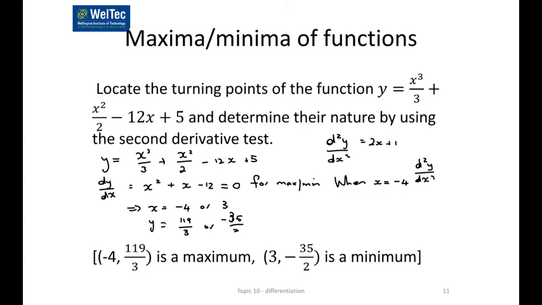If we put in -4, the second derivative is going to be negative. So that means there's a maximum when x is -4. And when x is 3, we put x equals 3 into the second derivative, and we see that it's going to be positive. So there is a minimum when x equals 3.